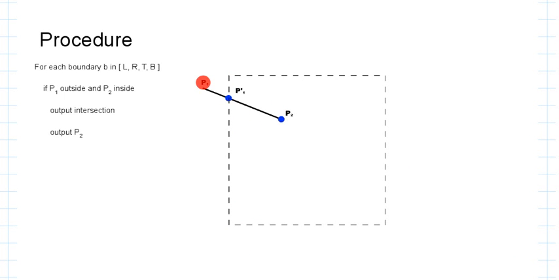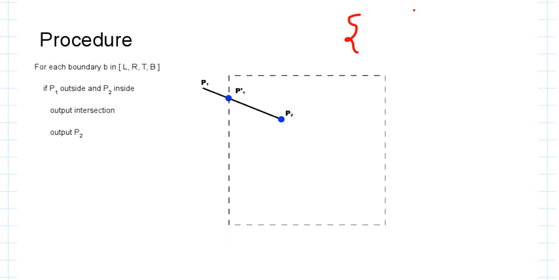If point P1 is outside and point P2 is inside the clipping window, then your resultant vertex set will contain the output intersection, which in this case is P1 dash. That is the intersection point between the line and the clipping window edge.